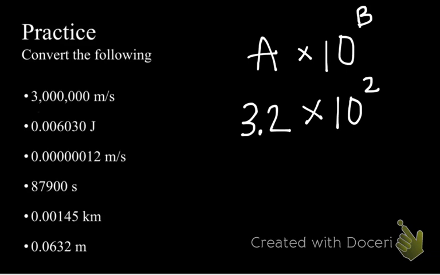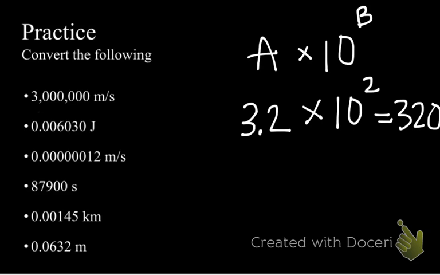Therefore, 3.2 times 100 would be 320. So it may seem 320 is a lot easier to write than 3.2 times 10 to the 2. Okay, that's fine, but when you're dealing with really big numbers, this way of writing is quite helpful.